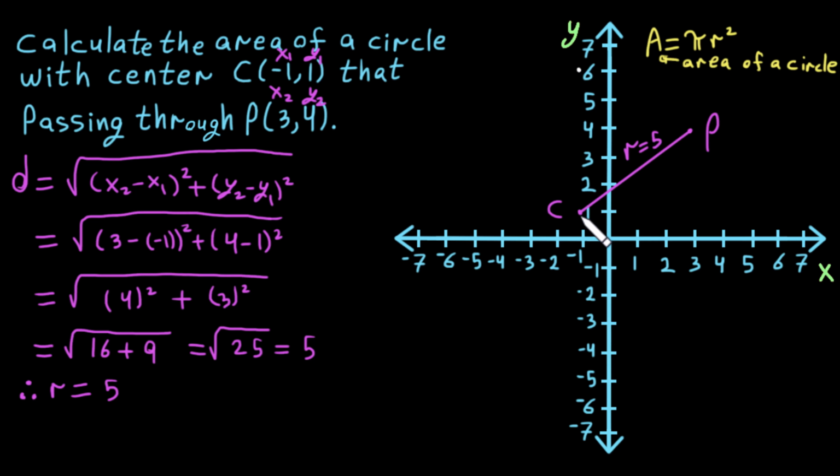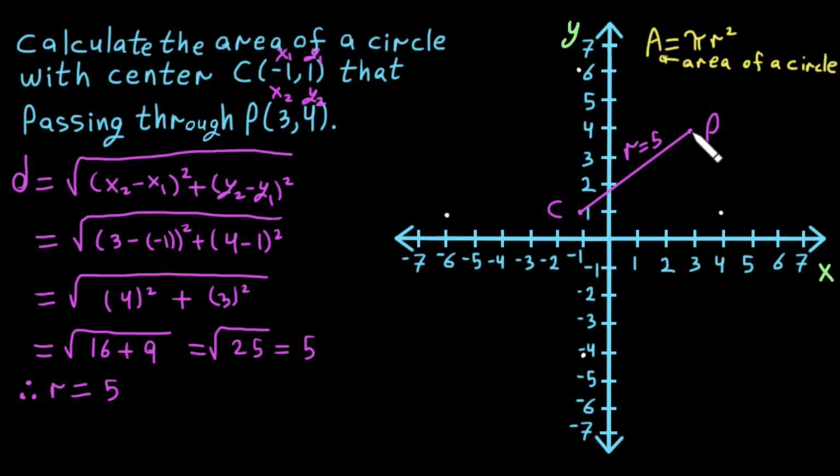Now going left, 1, 2, 3, 4, 5, which is here. Going down, 1, 2, 3, 4, 5, which is here. Going right, 1, 2, 3, 4, 5, which is here. So these points lie on the circle, including this point.